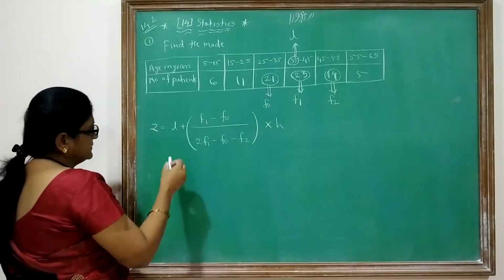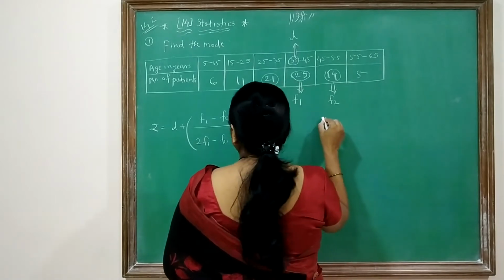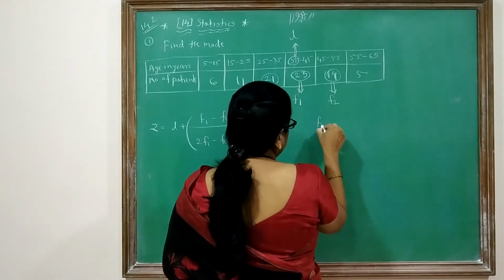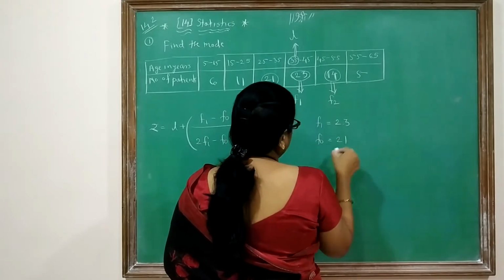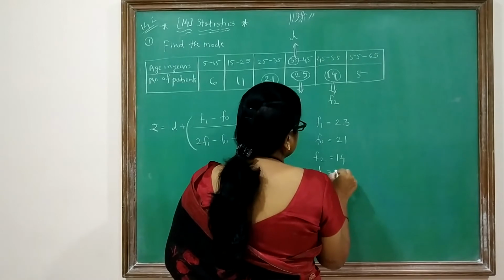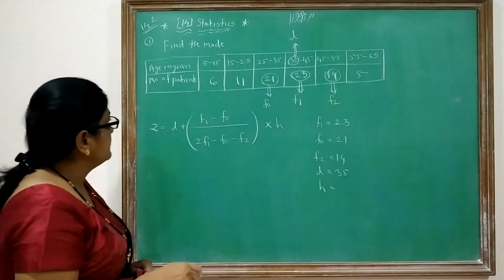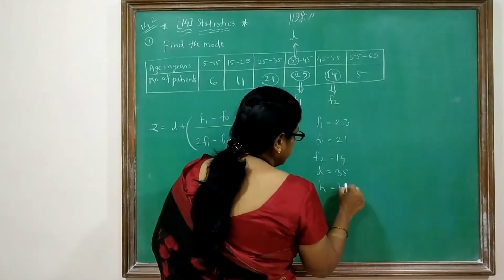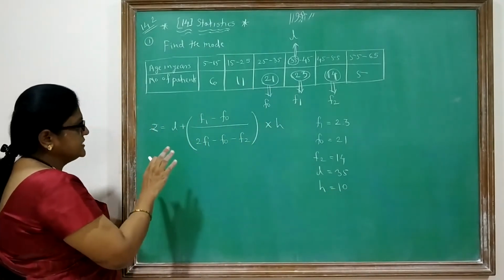Here what are the values? You will write the values: F1 is 23, F0 is 21, F2 is 14, L is 35, and what is your class size? H is 15 minus 5, which is 10. Then put all the values in this formula.